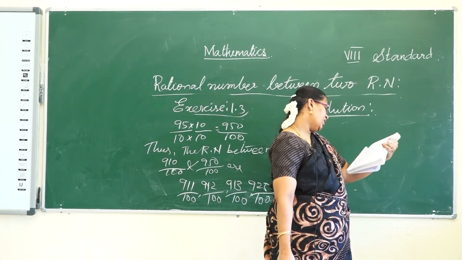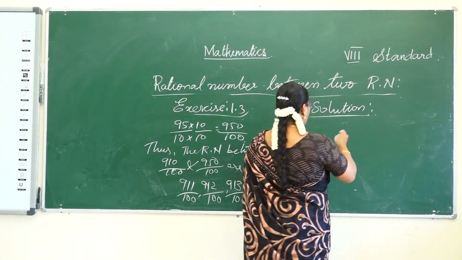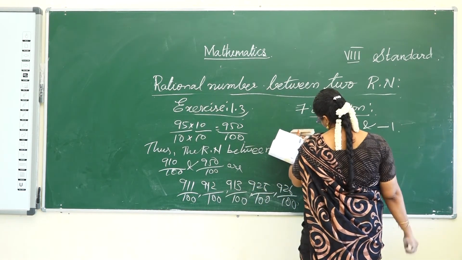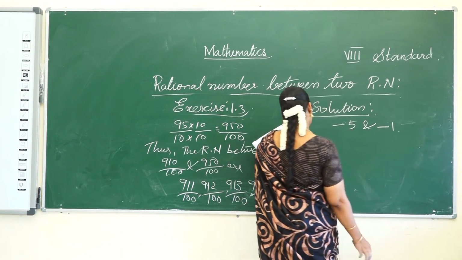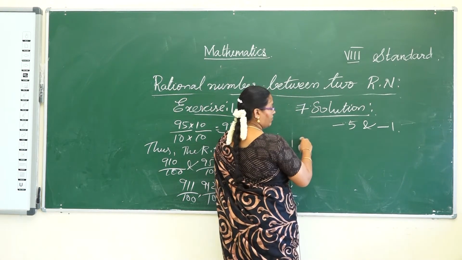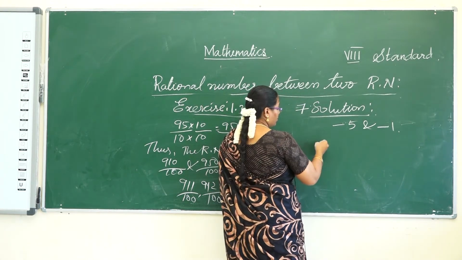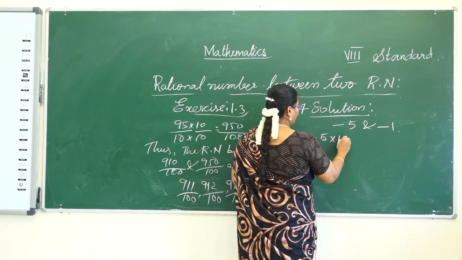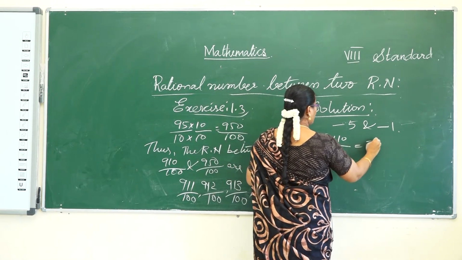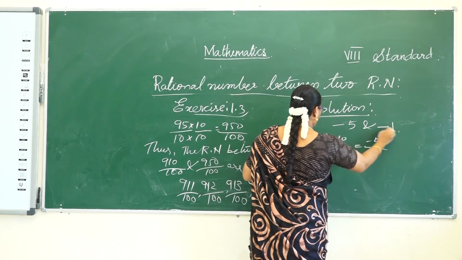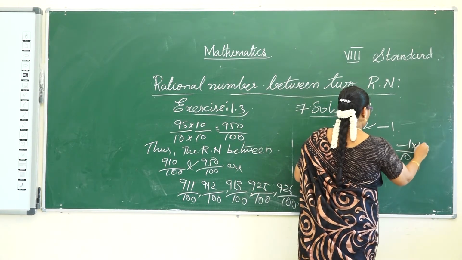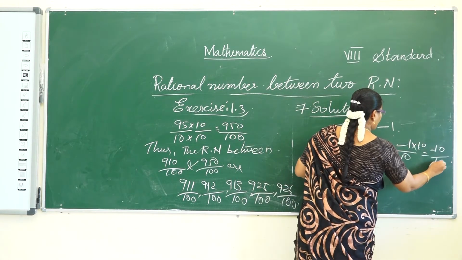Find 15 rational numbers between -5 and -1. Very easy one, we use method 2. Numerator and denominator multiplied by 10. So -50 by 10 and here -1 by 10, -10 by 10.